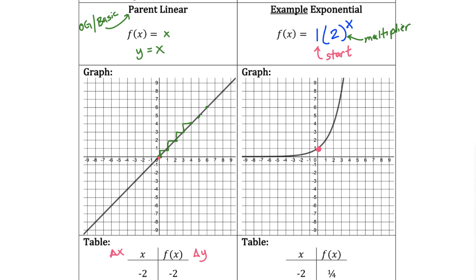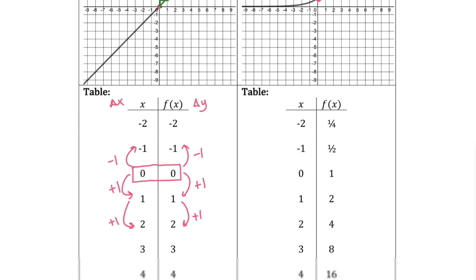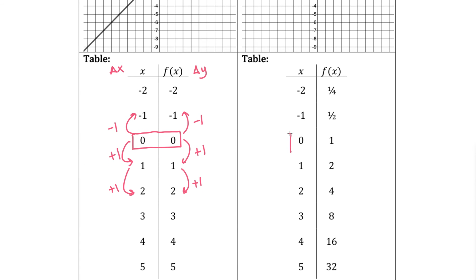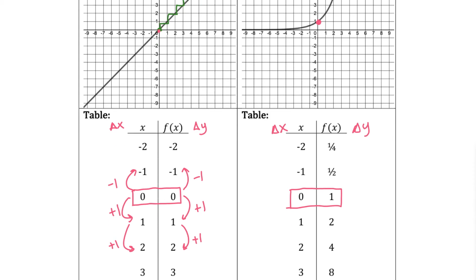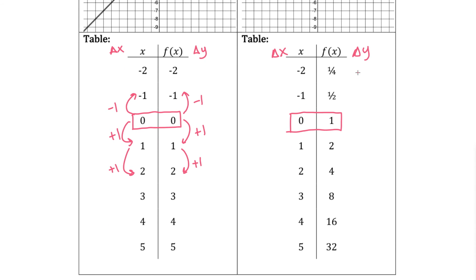So in our table, we start at 1. But in this right here, if I try to add, it's plus 1, plus 2, plus 4, plus 8, and then I get plus 16.